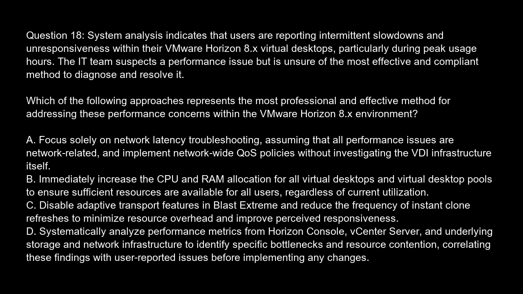Option C. Disable adaptive transport features in Blast Extreme and reduce the frequency of instant clone refreshes to minimize resource overhead and improve perceived responsiveness. Option D. Systematically analyze performance metrics from Horizon Console, vCenter Server, and underlying storage and network infrastructure to identify specific bottlenecks and resource contention, correlating these findings with user-reported issues before implementing any changes.